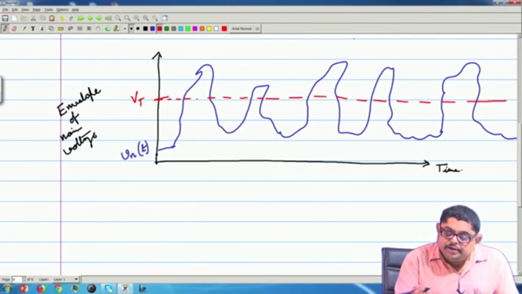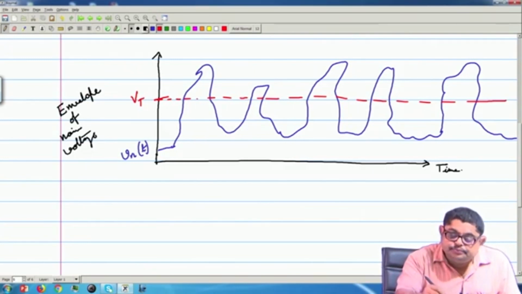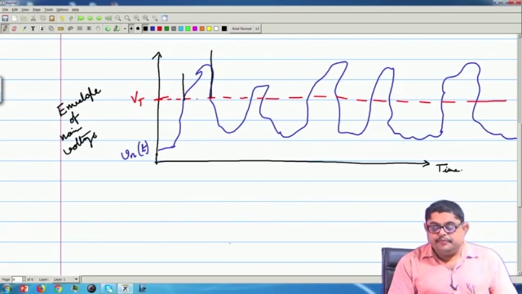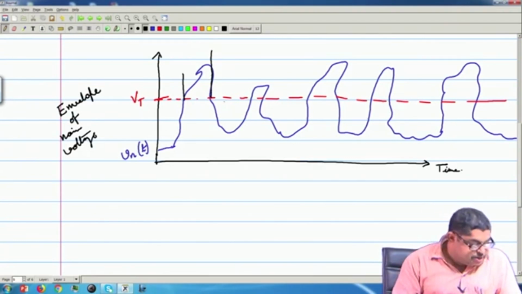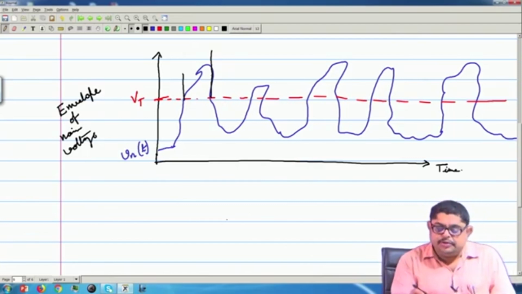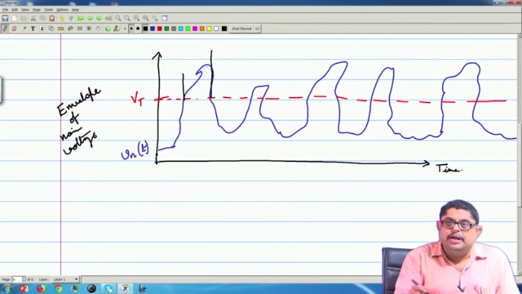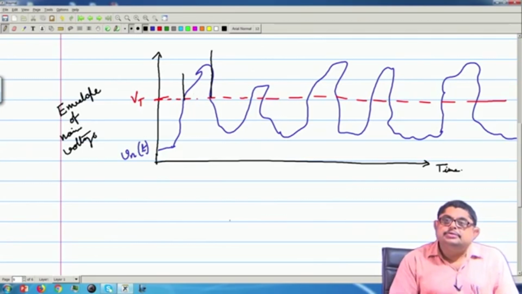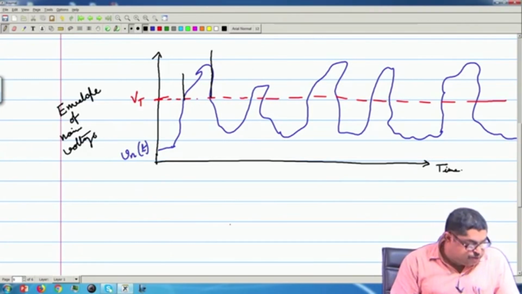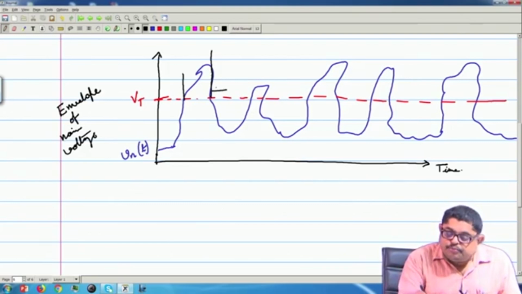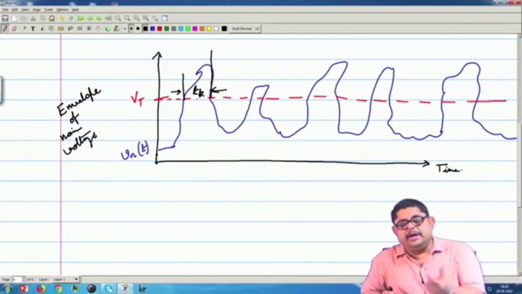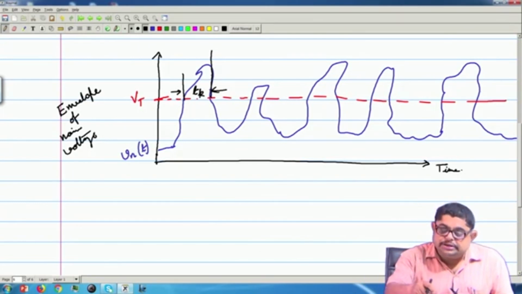Let me define two things here. One is, let us say that I am observing for a long time, and this is the kth instant where the noise has overshot the threshold. So, for this amount of time, t k, the noise is above the threshold.